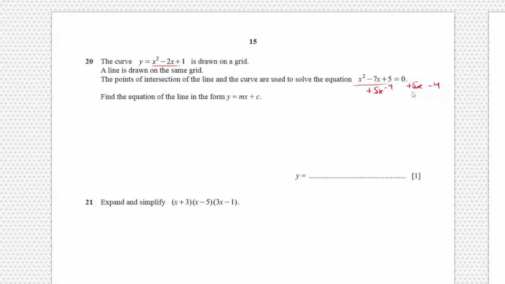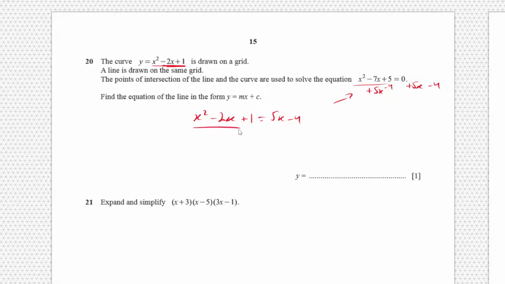Now if we update the left side, we're going to get x squared. -7 plus 5 is -2x. That's what we needed. And 5 minus 4 equals 1. Made it look like that. And of course, we'll have some new things on the right side.